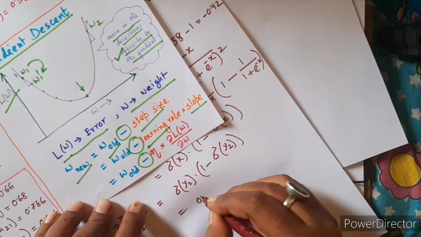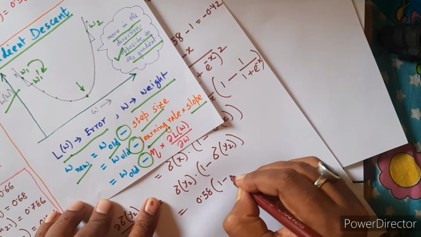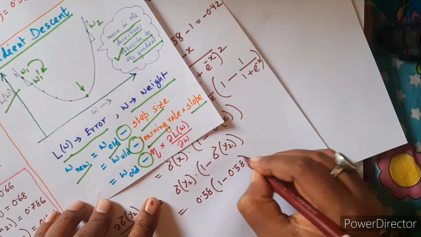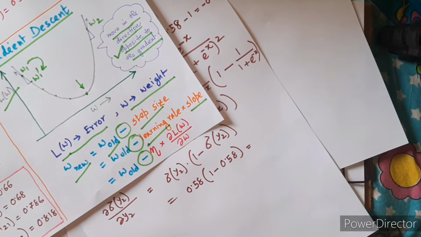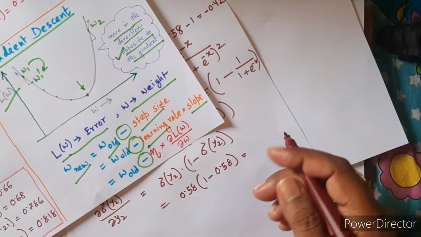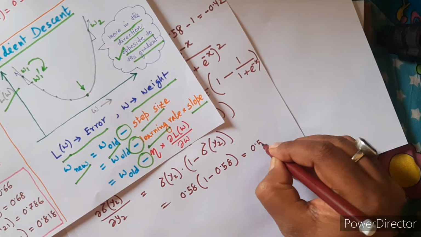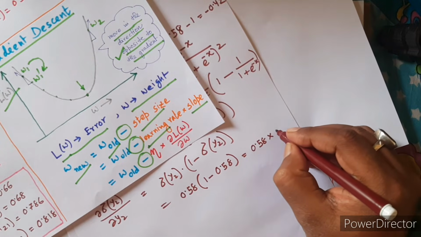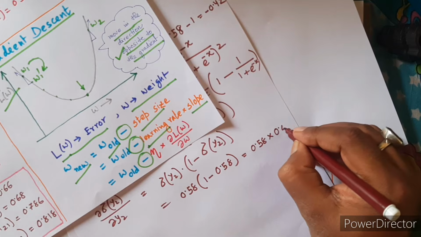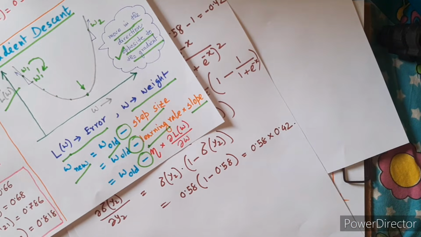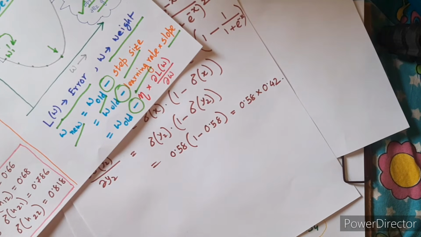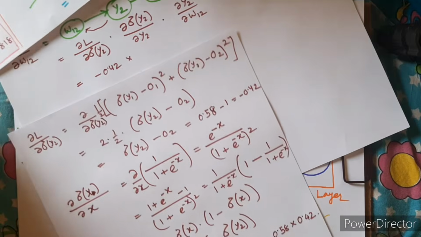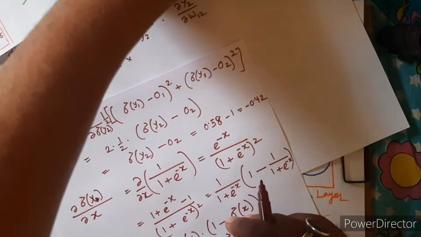So it is 0.58 into 1 minus 0.58, which is 0.58 into 0.42. Okay. Now, what is the last one?